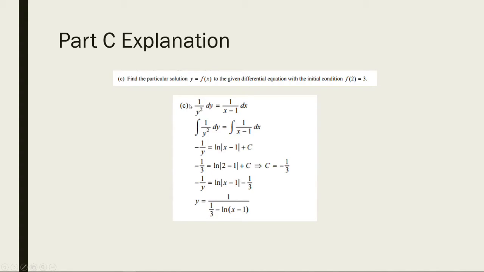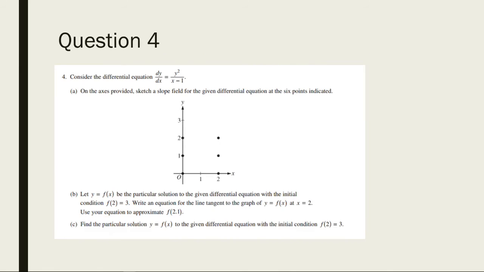So for part C, we're asked to find the particular solution y equals f of x to the given differential equation. Again, we're given this initial condition that f of 2 equals 3. If we look back to the differential equation, it is dy/dx equals y squared over x minus 1.